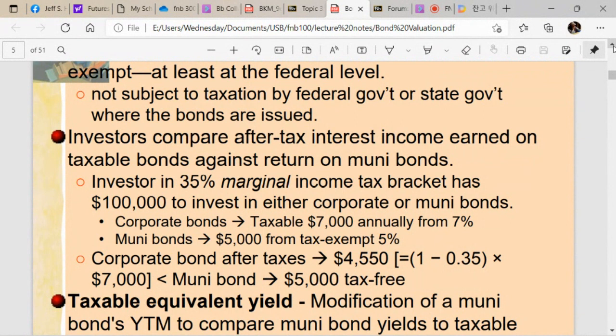So you cannot simply compare these two based on their stated yield. So we talked about how to compare them in dollar terms and also in percentage terms, in other words, in yield terms.